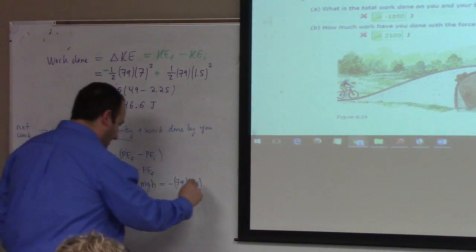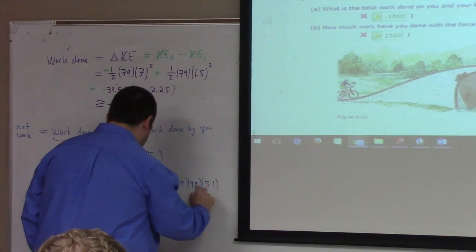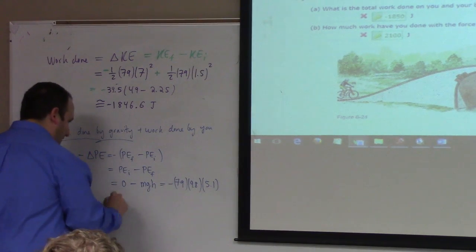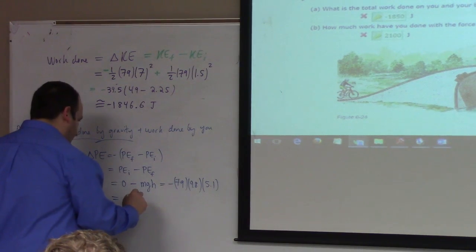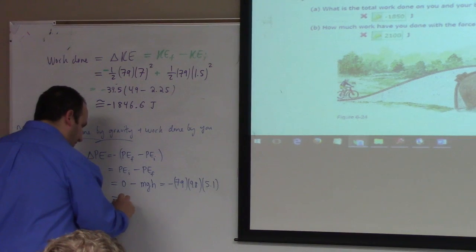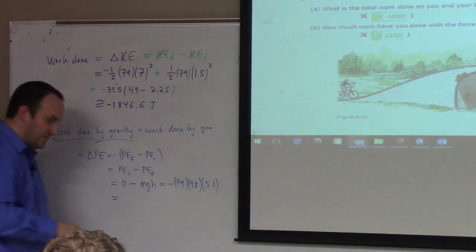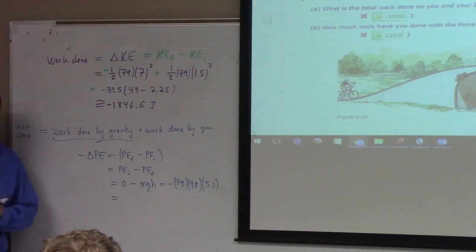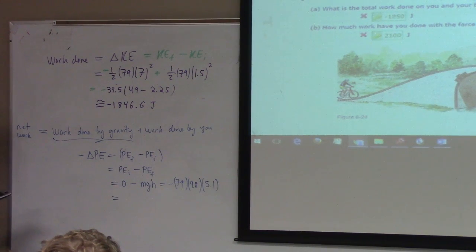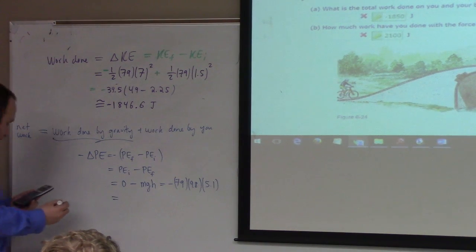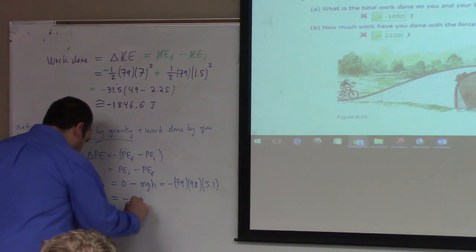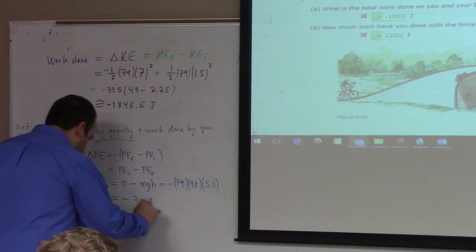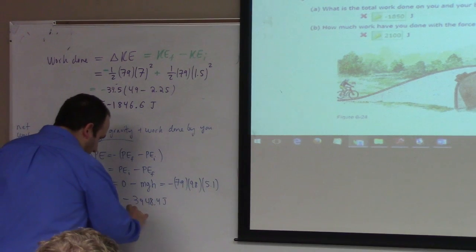So minus the change in potential energy is actually this product, whatever it is. I get minus 3,948.4 joules.